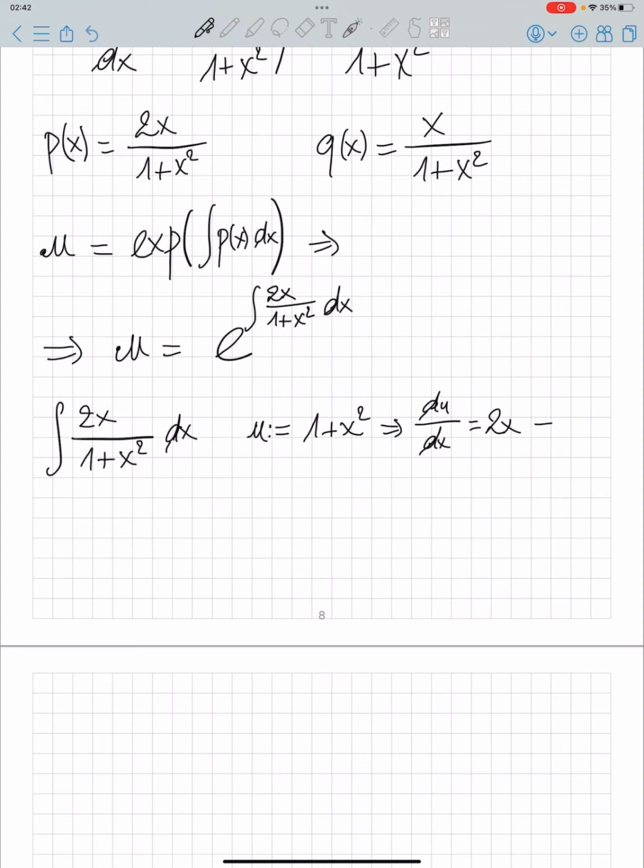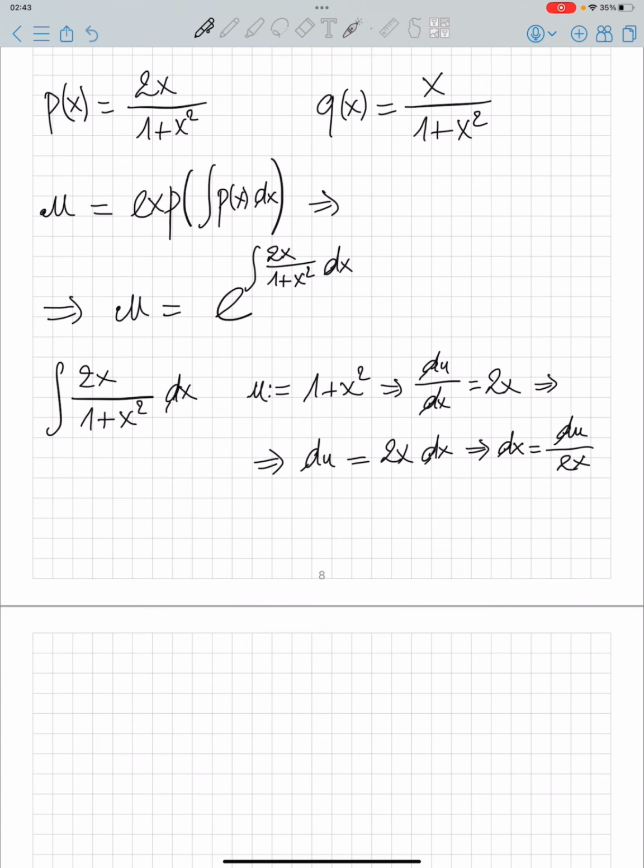Now we cross multiply, so du is equal to 2x dx, but we want dx, so dx is going to be equal to, we divide both sides by 2x, so du over 2x, right?